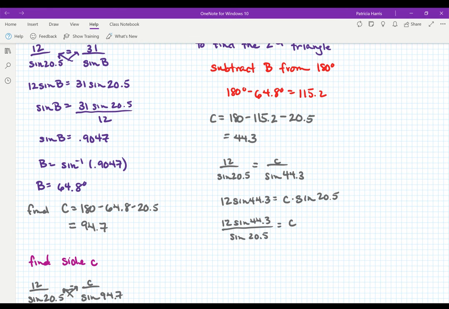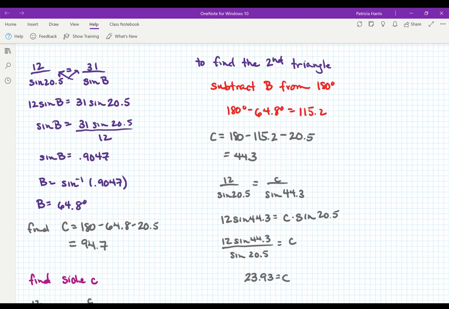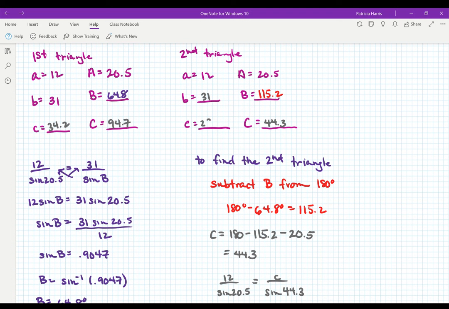For the second triangle, we get 23.93. Okay, and again, remember, small side goes with small angle, medium side goes with medium angle, large side goes with large angle.